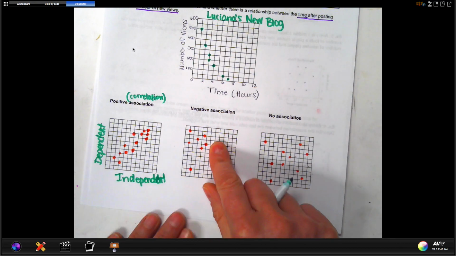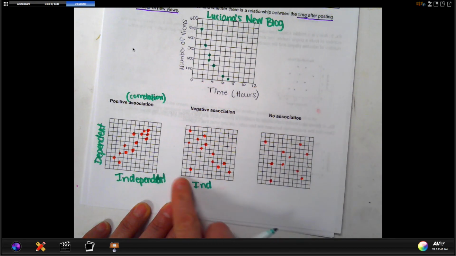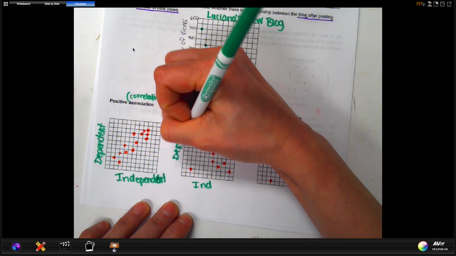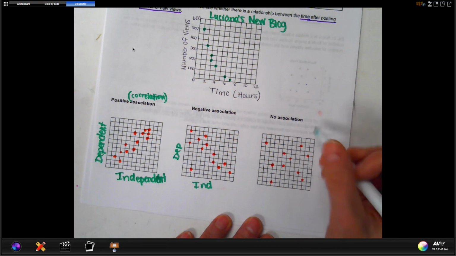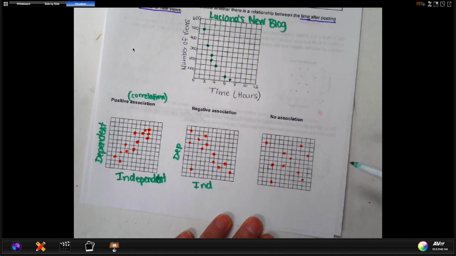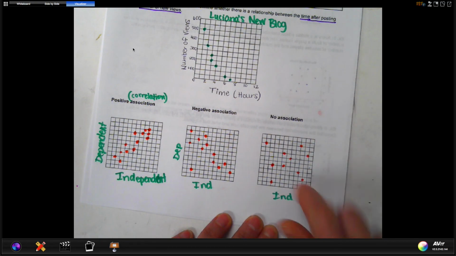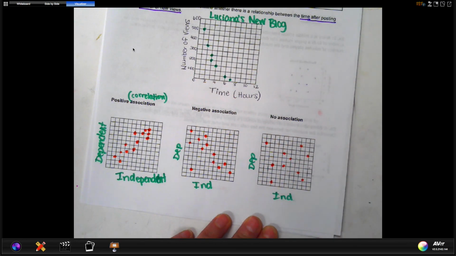A negative association, as your independent variable goes up, as we go across, your dependent variable is heading down. And then sometimes we get data where there is no association at all. When you look at your independent variable going up, your dependent variable really has no pattern. It's all over the place.